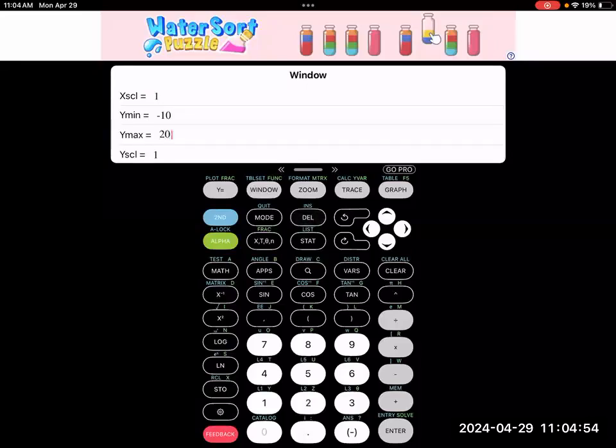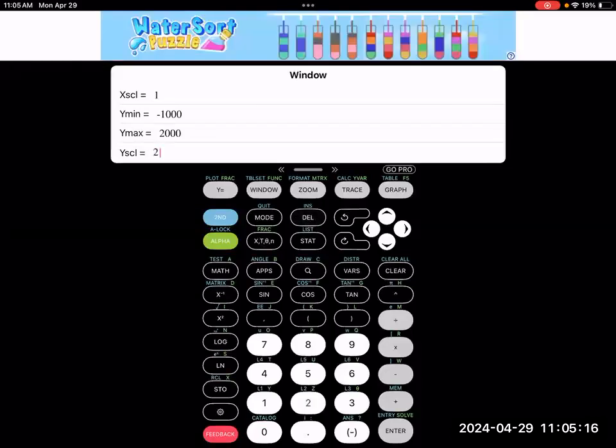So let's try and sandwich your initial value between 2,000 and perhaps negative 1,000. We want to make sure that it's well in between your parameters. And notice that there is a big difference between negative 1,000 and 2,000, so let's change that scale to be a little bit more generous.